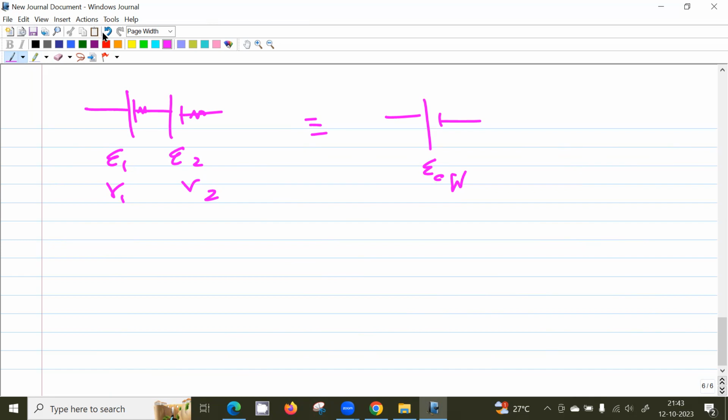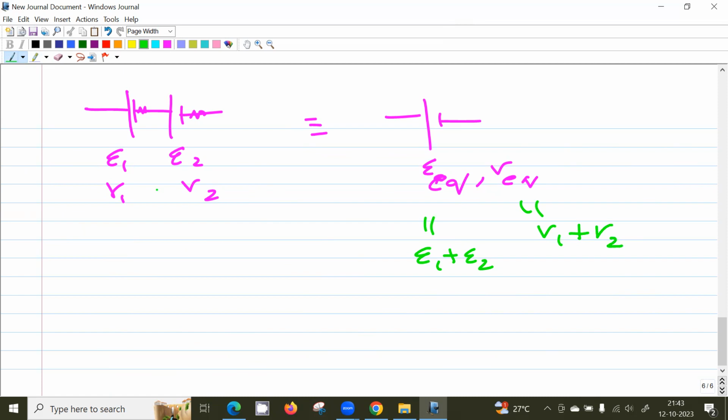So what is the relation between the equivalent and E1 and E2? If I remember correctly, E equivalent is E1 plus E2, and R equivalent will be R1 plus R2.